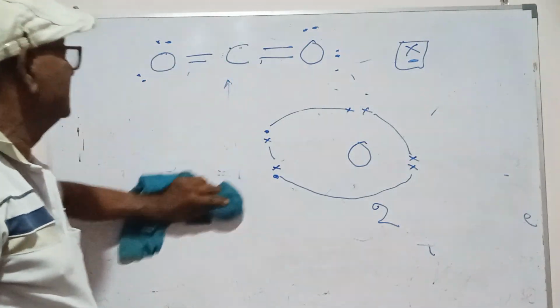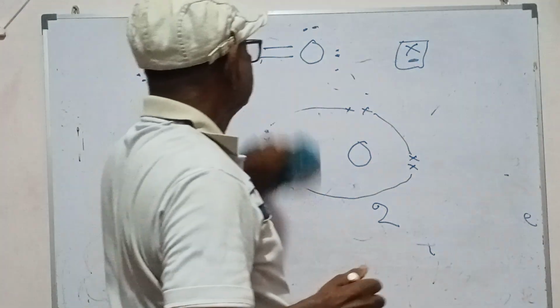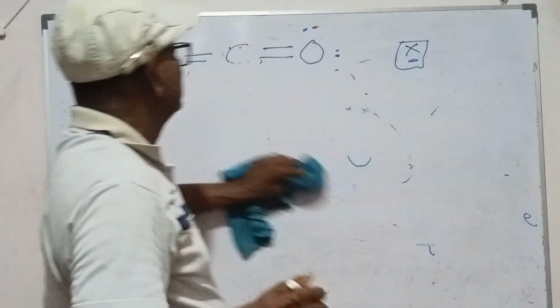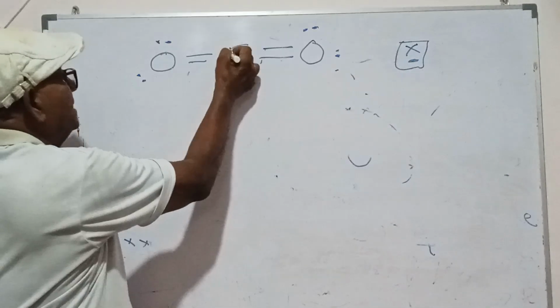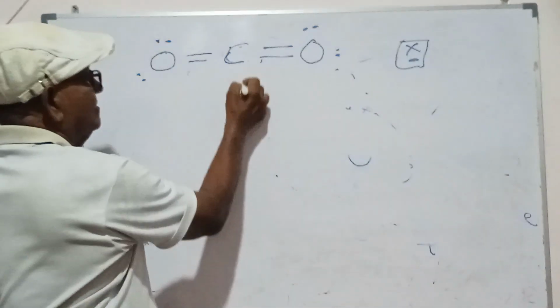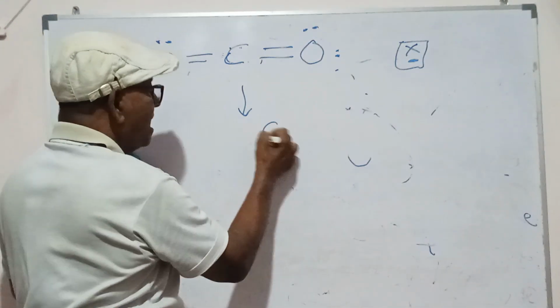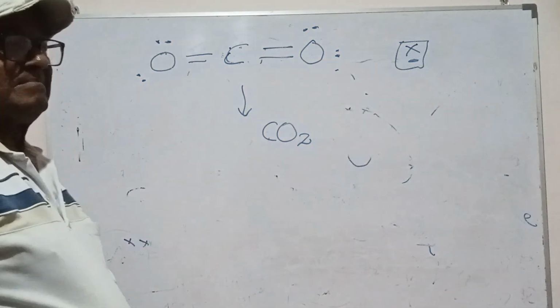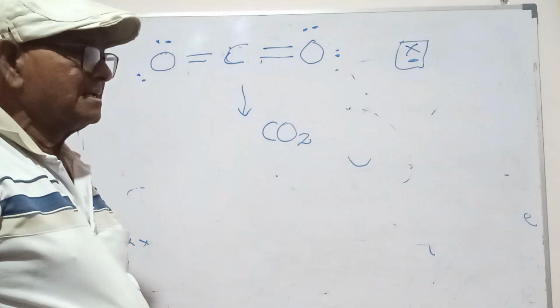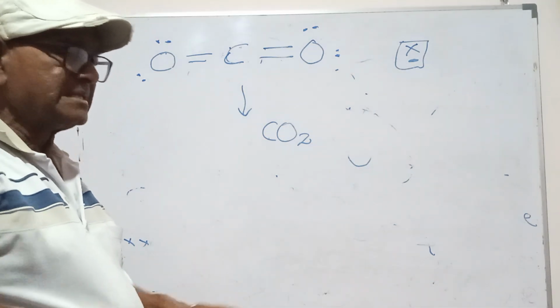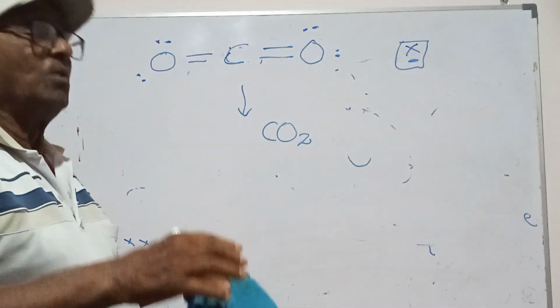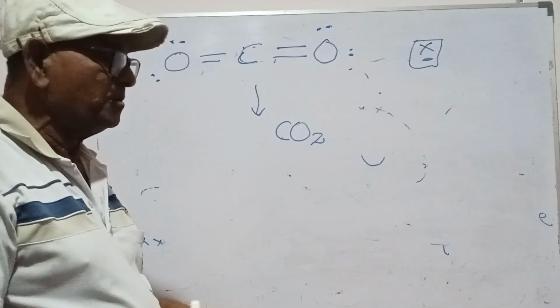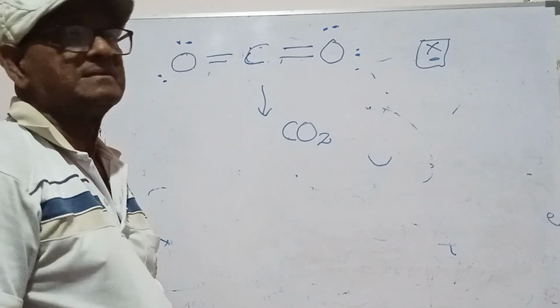This molecule is possible to form between carbon and oxygen. So what is the formula? Carbon dioxide, carbon dioxide. So it is clear that carbon can form covalent compounds with other elements also by sharing electrons.